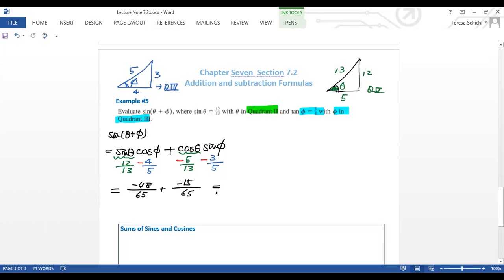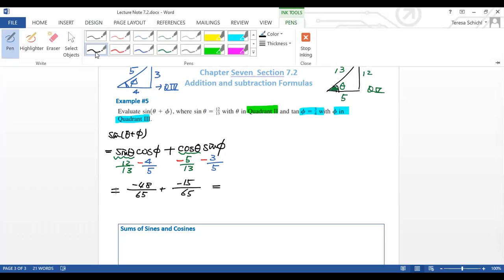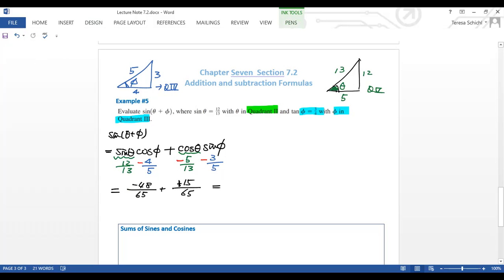Oh no, I'm sorry, negative, negative. What I have here is a positive, right? So it's negative 48 plus positive 15, so what I have here is negative 33 over 65. Okay, so that's it.